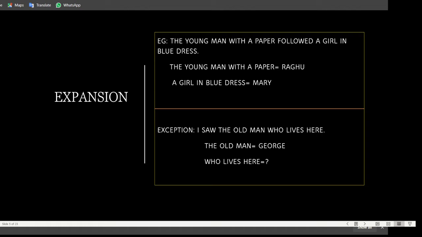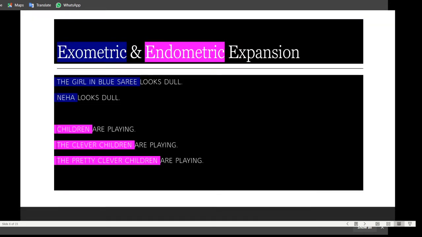Here, this subject part, the young man with a paper, can be substituted by any name. It can be John or Jacob, or any name.